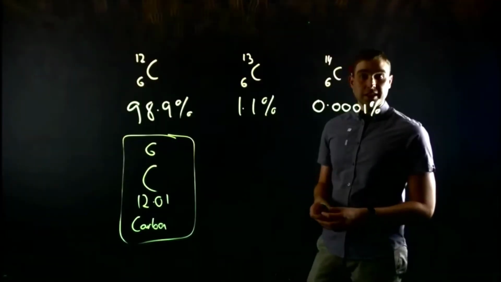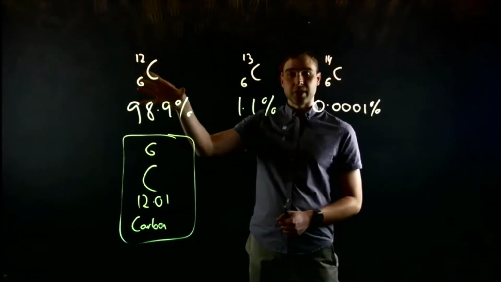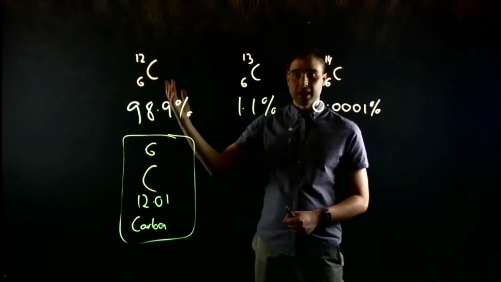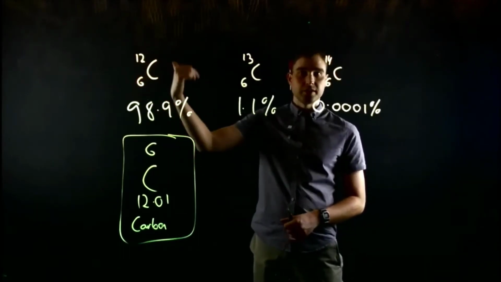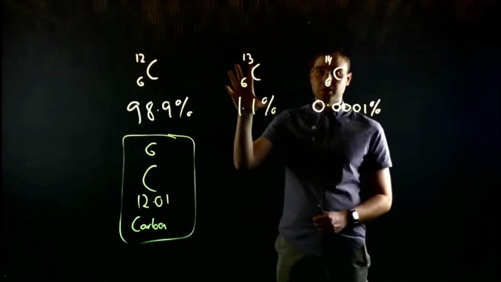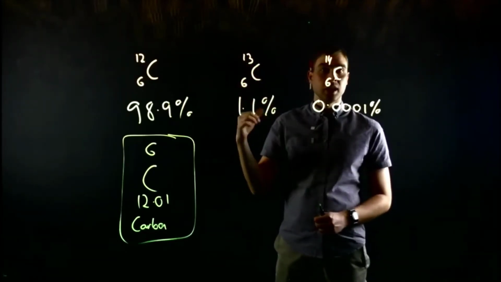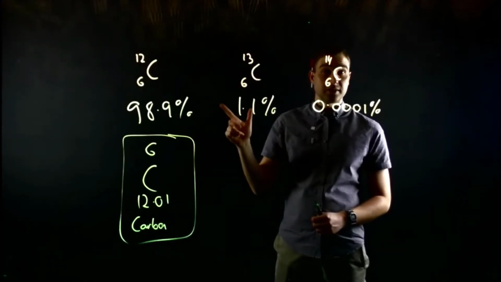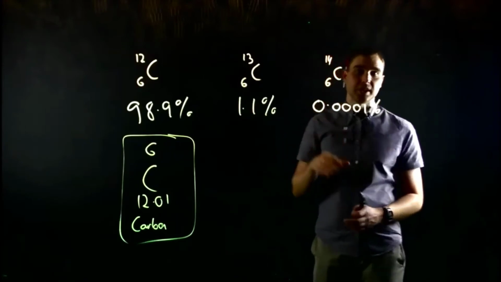So let's go into a bit of detail about the isotopes of carbon. Like I said, most of the carbon atoms around you, on the table that you're leaning on probably now, most of those are this carbon 12, so 6 protons and 6 neutrons in the nucleus. A very small proportion of the carbon atoms near you are carbon 13, so 7 neutrons, 6 protons, and then a very, very small proportion are carbon 14.